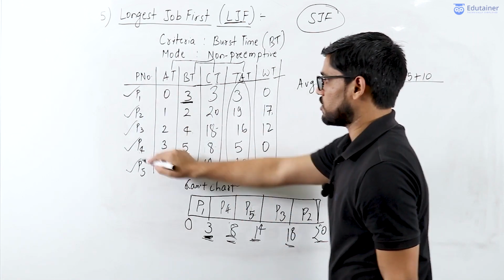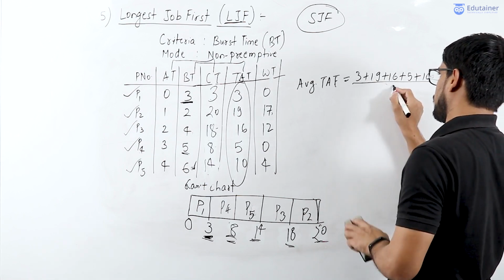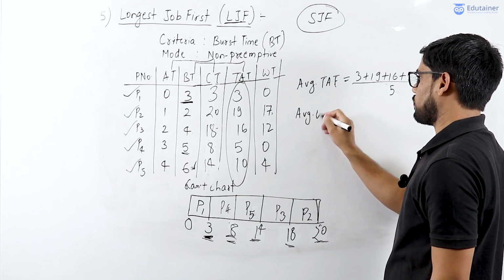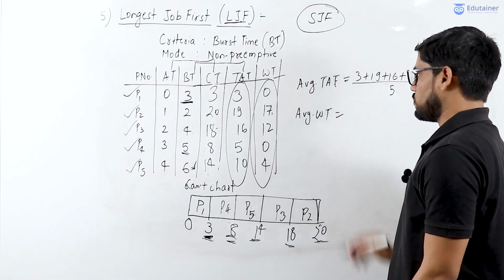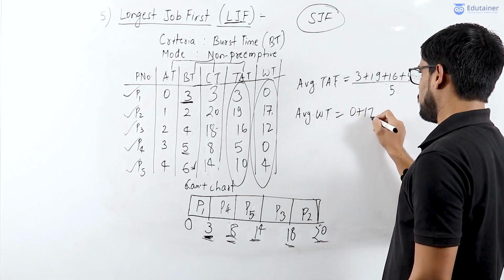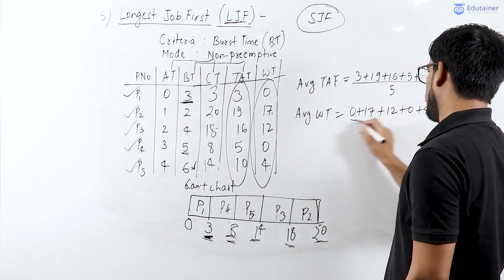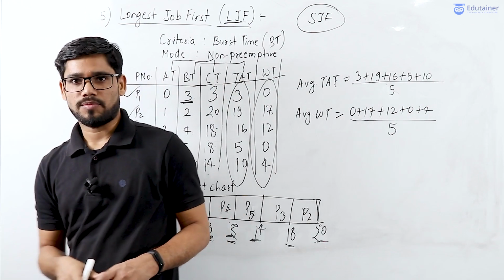Here a total of 5 processes are given, so it is divided by 5. Next is average waiting time. Add this column, 0 plus 17 plus 12 plus 0 plus 4, and divide it by 5. So you will get the average waiting time.